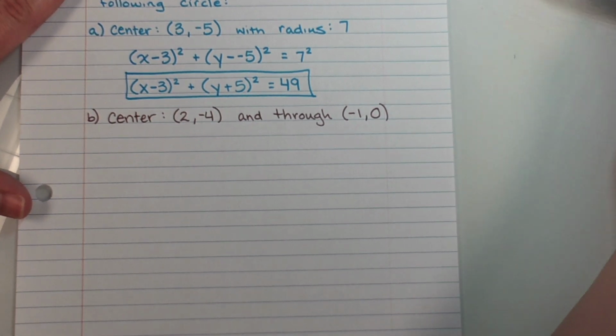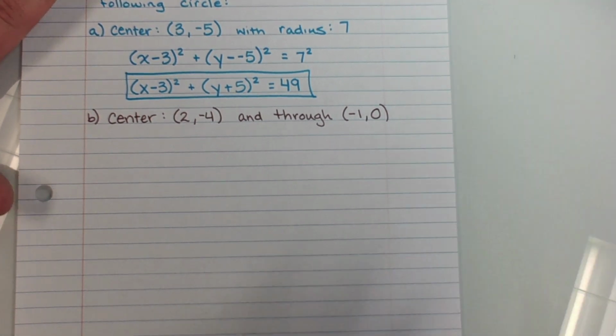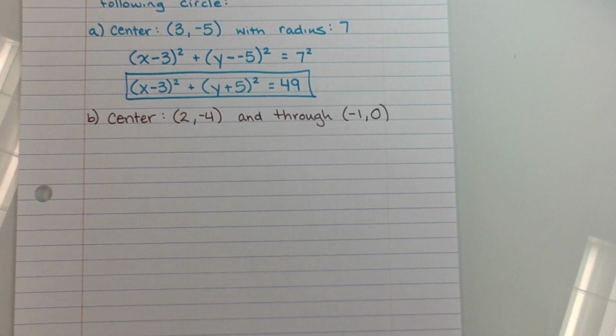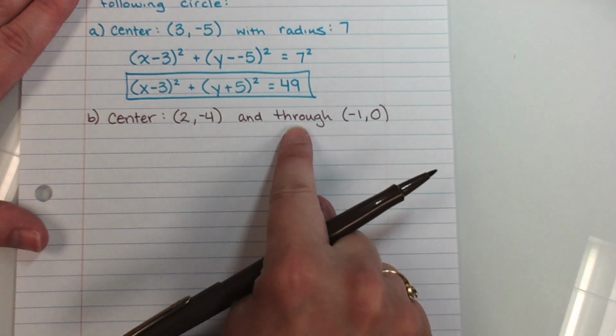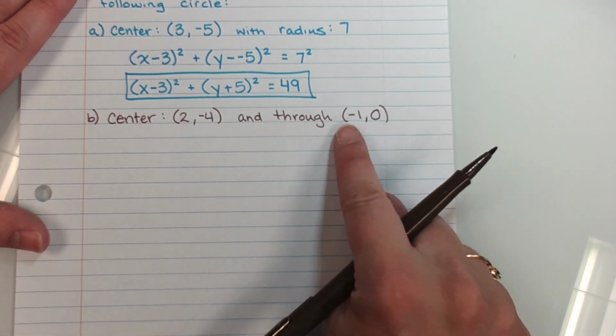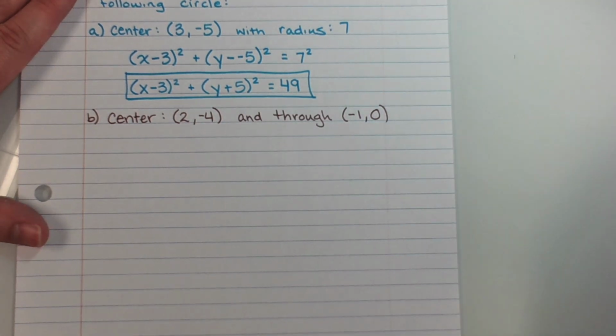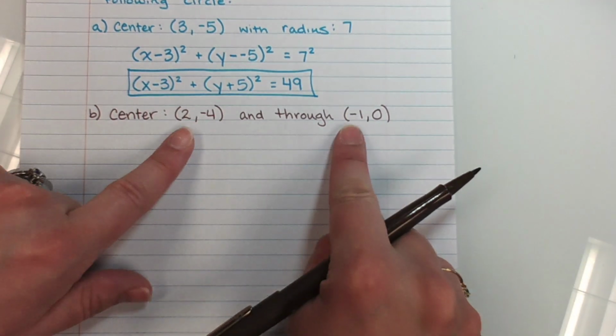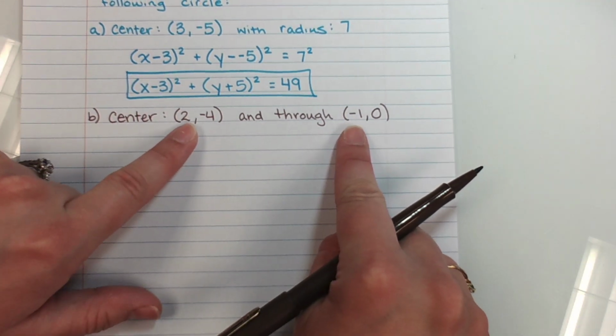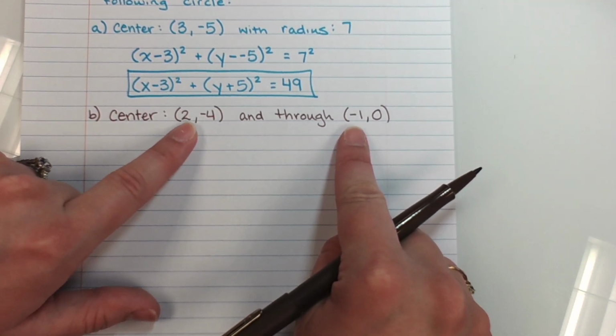Radius, by definition, is the distance from the center to the edge of a circle, to a point on the circle. If I'm telling you that it's going through the point -1, 0, I'm telling you a point on the circle. Which means, to find my radius, I need the distance between these two things. If only there was a formula for that.